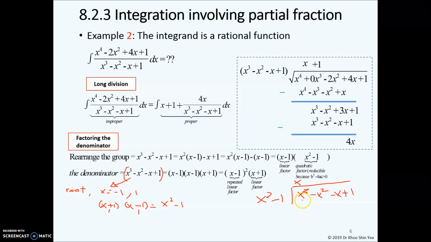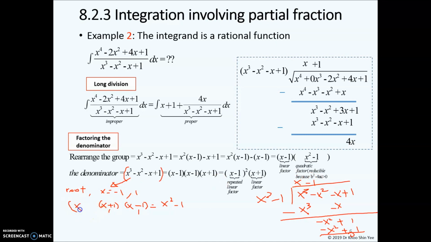So we multiply x here, you get x to the power of 3, x multiplied by negative 1, you get negative x. When we subtract this part and this part, we get 0, this one remains, and 1 remains here, plus 1 at the end. So you have to subtract 1 multiplied by this, you get negative x squared, minus minus you get positive 1. So the remainder is 0, which indicates that x minus 1 is also a factor.